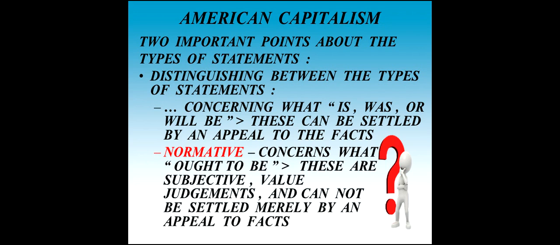Now, at this point, before we go any further, I want to recommend that students go to the class website in the supplemental video section and watch a brief video that gets into a little more depth about these 2 types of statements, a positive versus a normative statement.